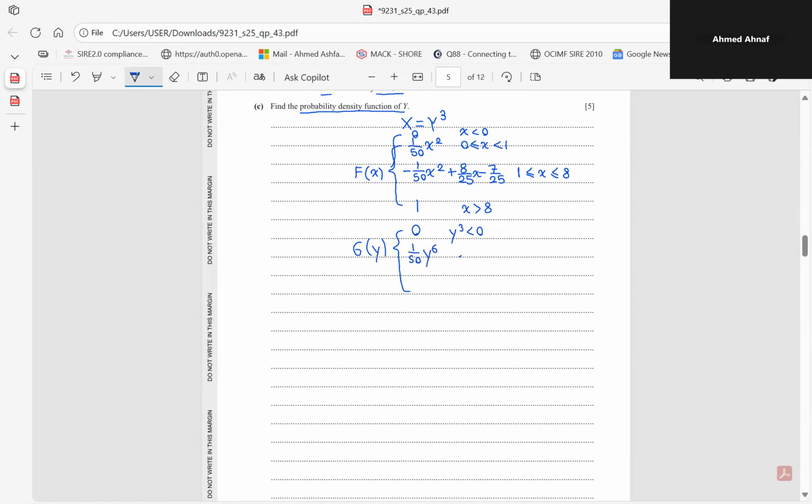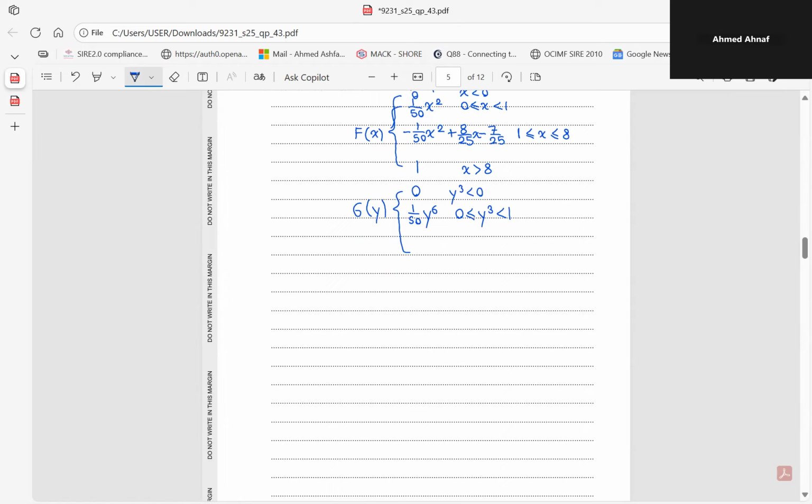This is going to be for y cubed between 0 and 1, then minus 1 over 50 y to the 6 plus 8 over 25 y cubed minus 7 over 25, for y cubed between 1 and 8.